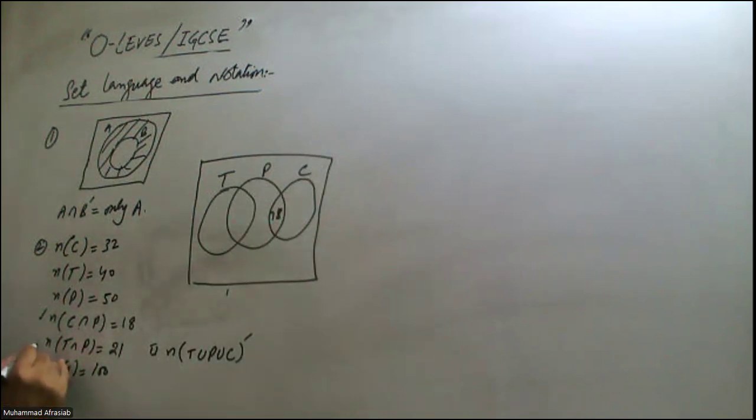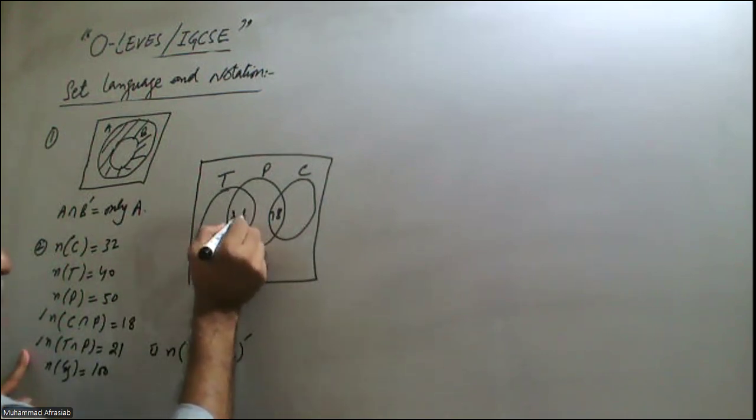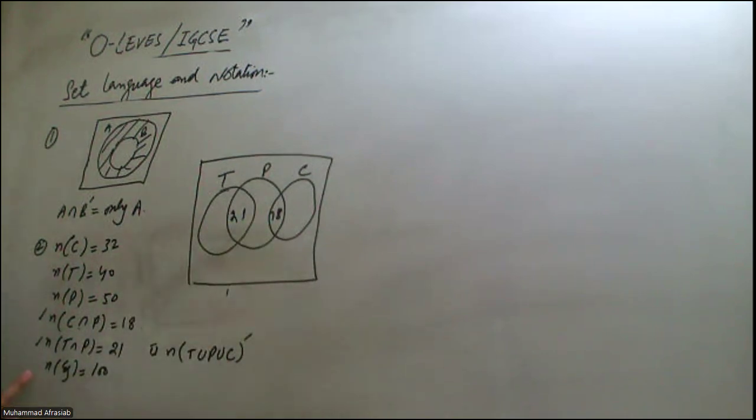Then T intersection P is 21. So that is 21 there. Now N of P is 50.